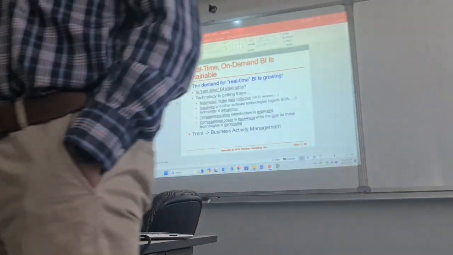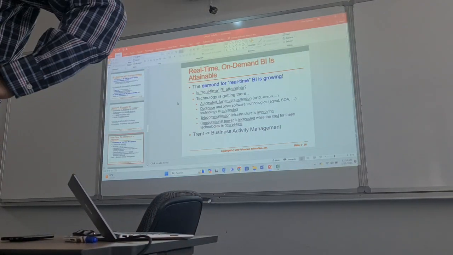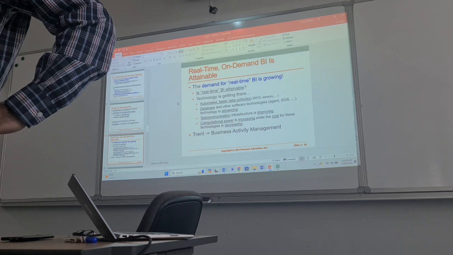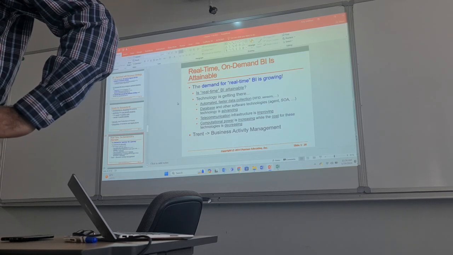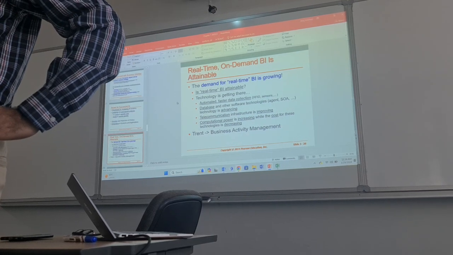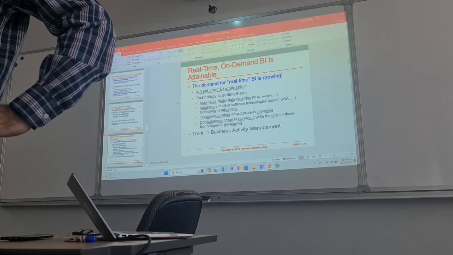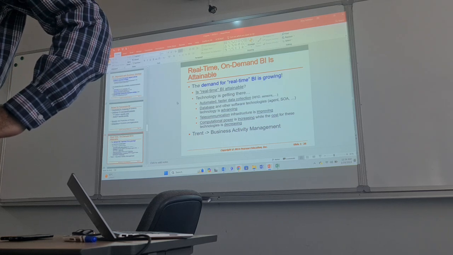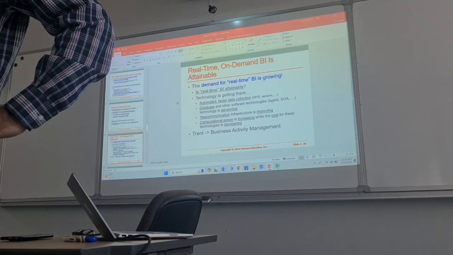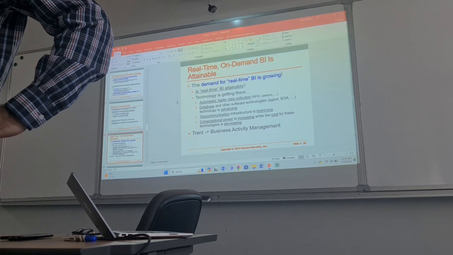Previously, BI used to work like this: after every week or every month, people used to summarize data, and then analysts and decision makers looked at it. But this is a long delay, right?